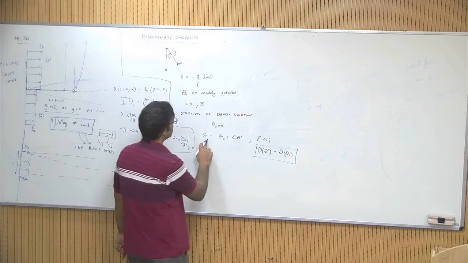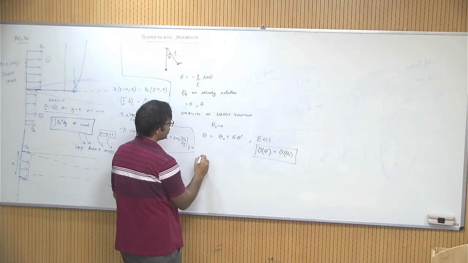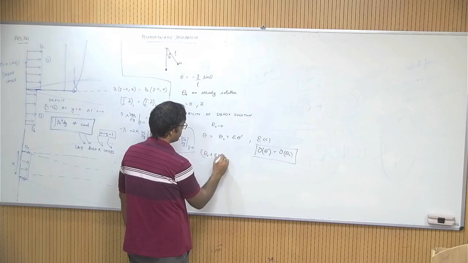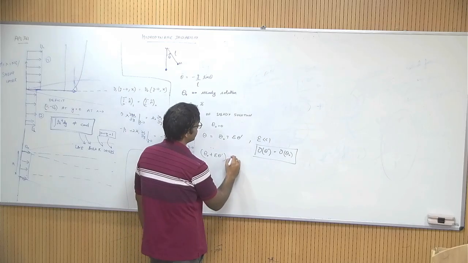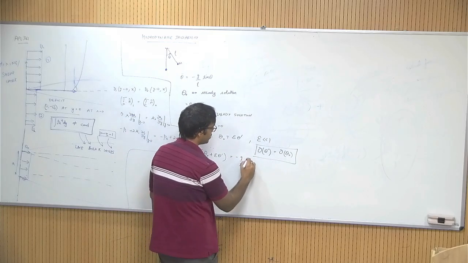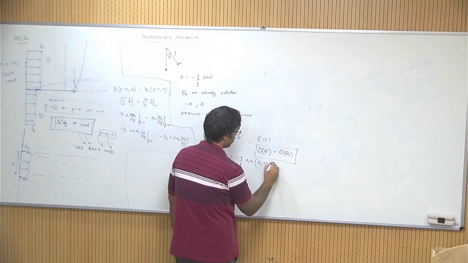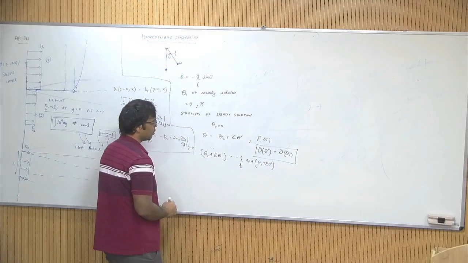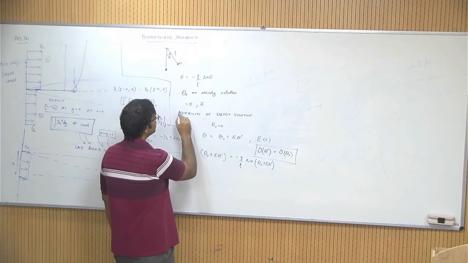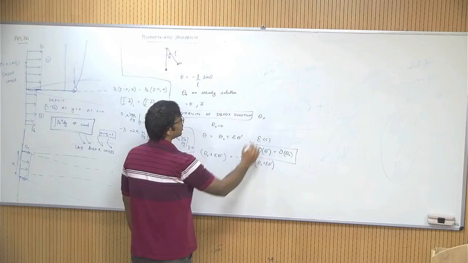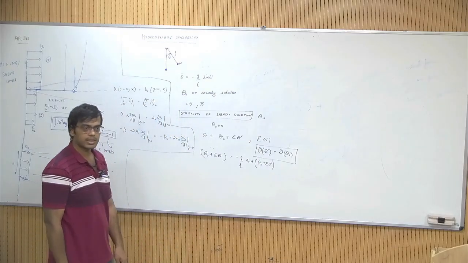Okay, and then let us substitute this in our governing equation. So we have theta naught plus epsilon theta prime, double dot, equals minus g by L sine of theta naught plus epsilon theta prime. By definition, theta naught is a steady solution.